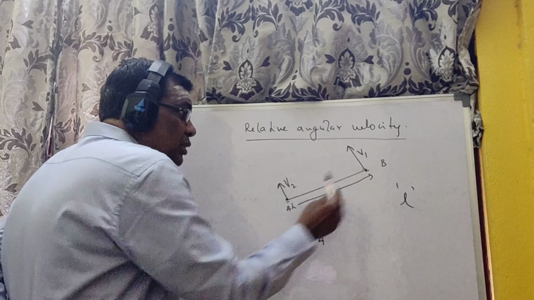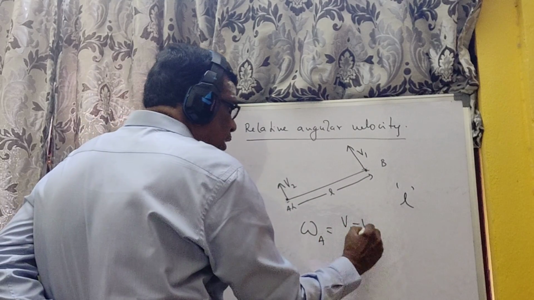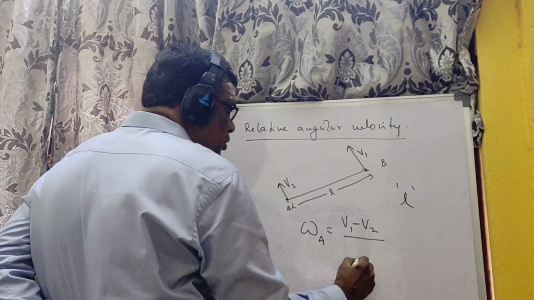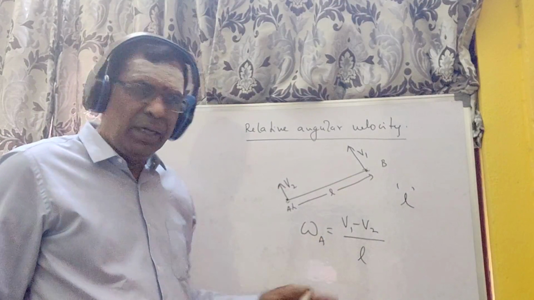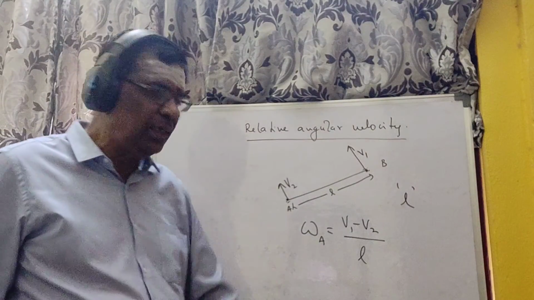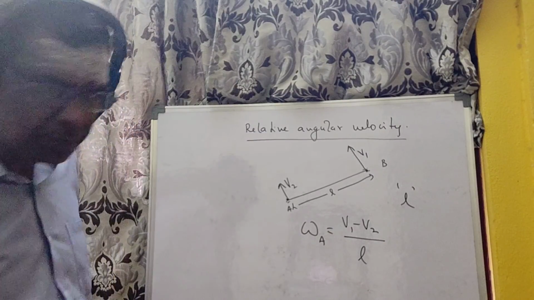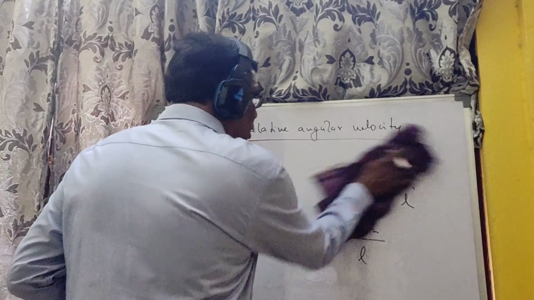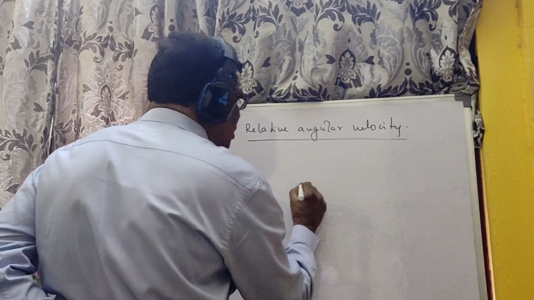What is the relative velocity? Both are in the same direction. Therefore, I directly take V1 minus V2 and divide by this. The relative velocity divided by the perpendicular distance between the two gives you the relative angular velocity. Alright? Now I'll give you a few examples. Look at this.